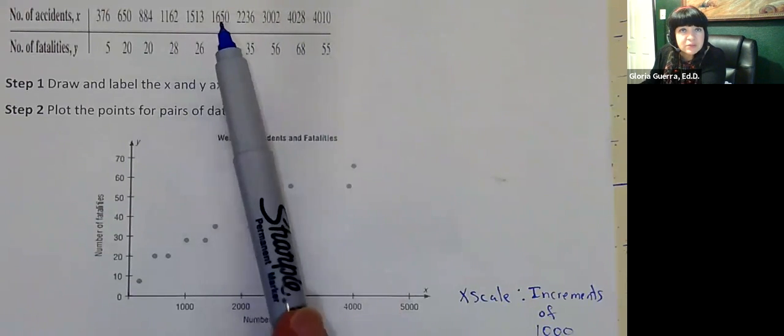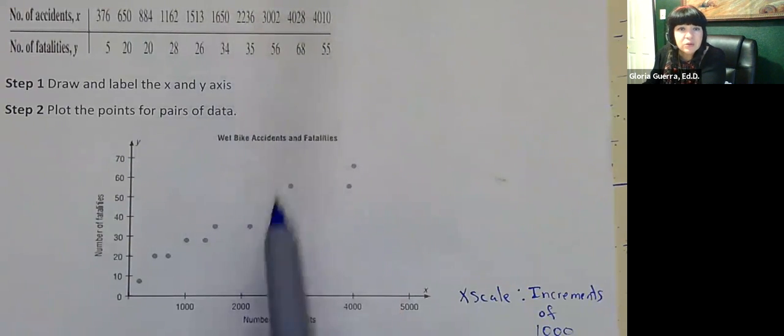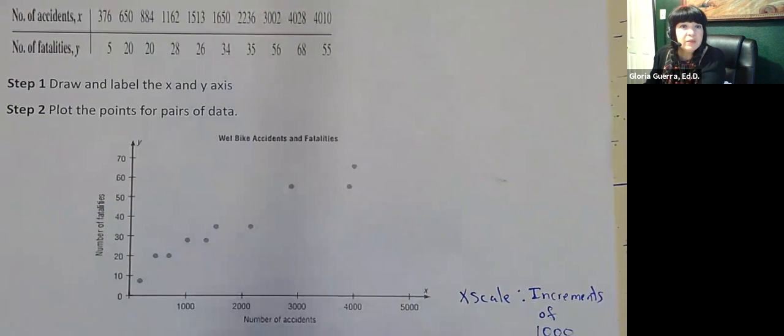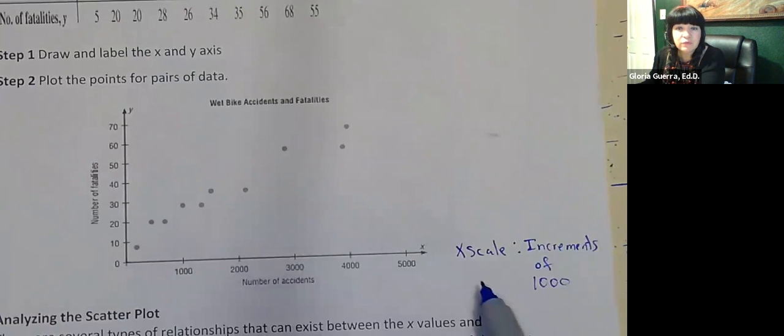So as opposed to picking increments of 5 or 2, or even increments of 100, they went with increments of 1,000 for the X scale.